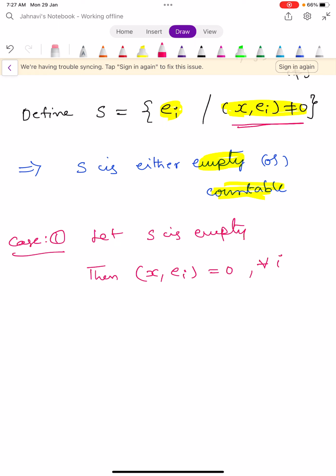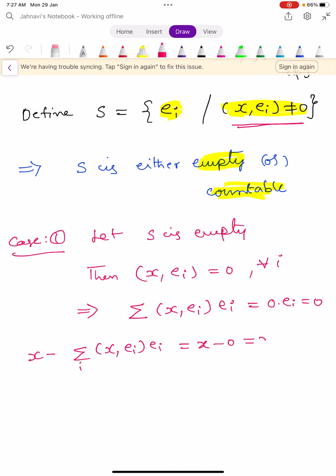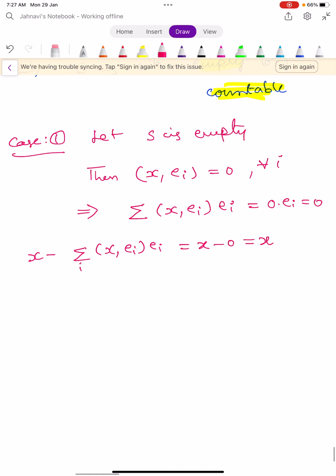So this shows that the summation of inner product of x comma e_i into e_i is also 0 into e_i, which gives 0. It means x minus summation over i of inner product of x comma e_i into e_i is equal to x minus 0, which is simply x.